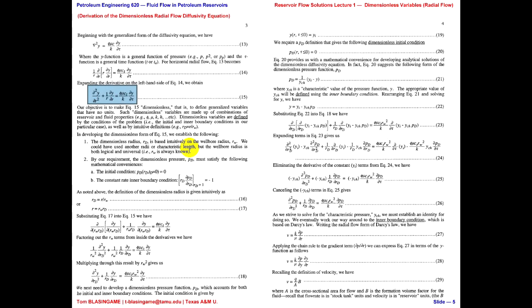Duh, that makes sense. How many SPE papers are there written on non-uniform initial pressure? Anybody? I think there's exactly one. Now, if you were going to solve this problem, not analytically but numerically, that wouldn't be a problem.